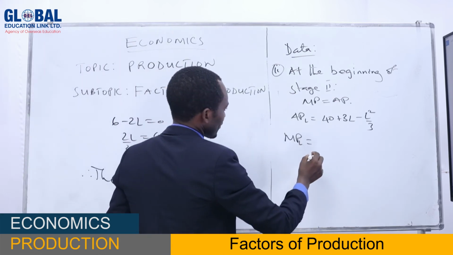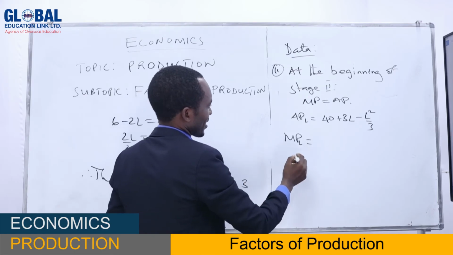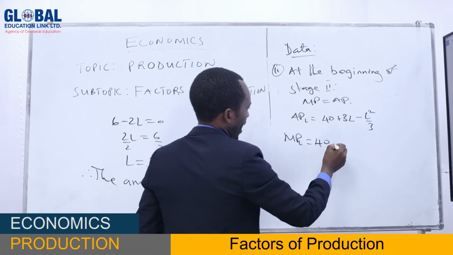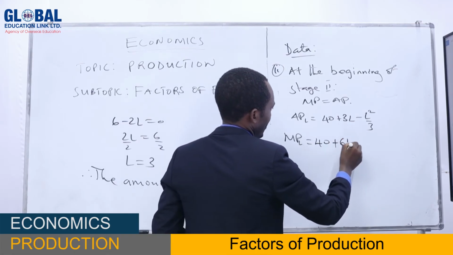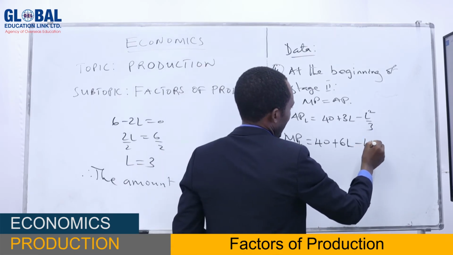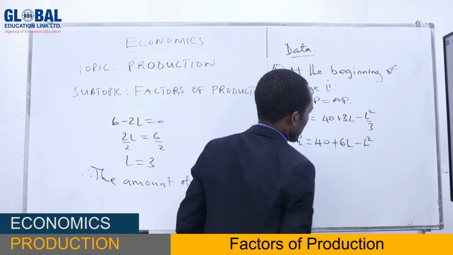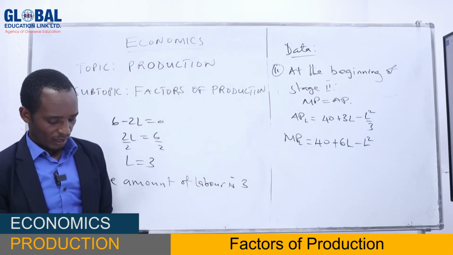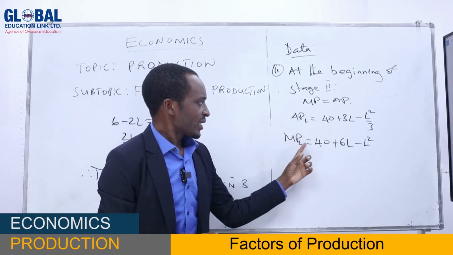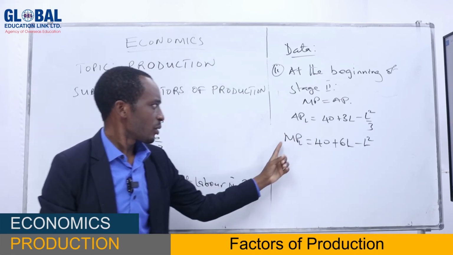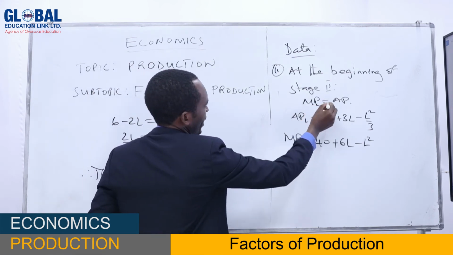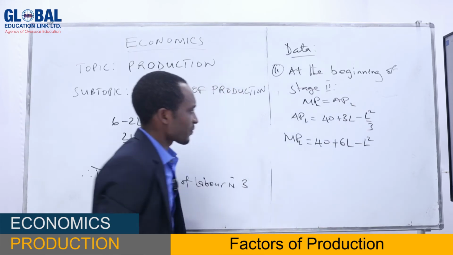So from the previous, the marginal product was 4 plus 6L minus L square. So now you can equate these two functions. Marginal product of labor should be equal to average product of labor.